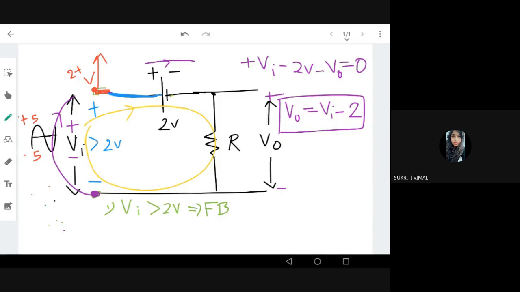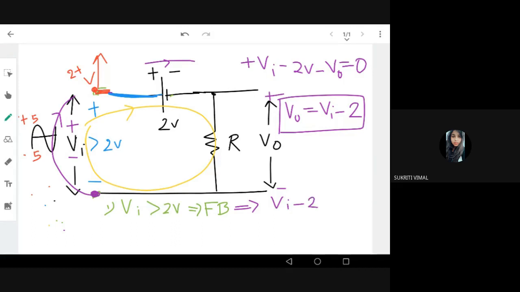So we got a waveform subtracted by 2 volt DC. In the first condition, my output is Vi minus 2 volt.